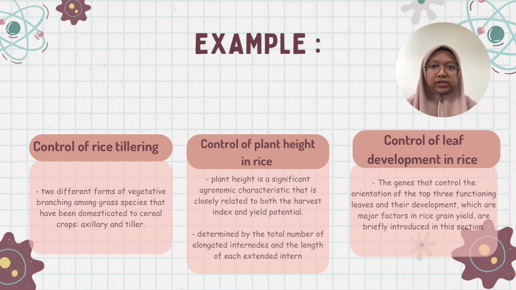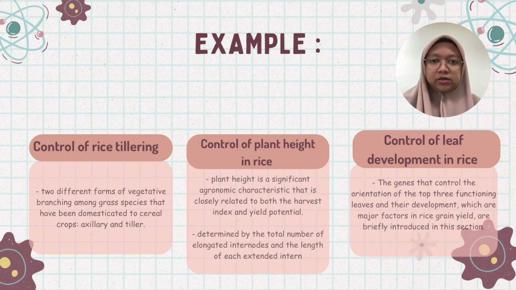Plant height is determined by the total number of elongated internodes and the length of each extended internode. A rice plant typically has 4 to 6 elongated internodes, and environmental influence as well as quantitative trait loci mediate the plant's height.